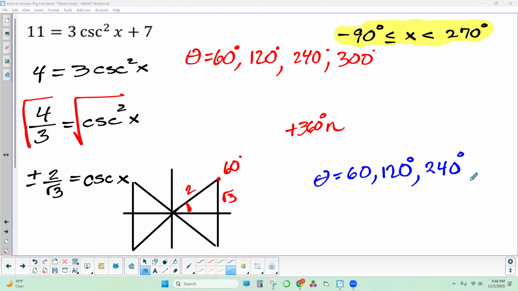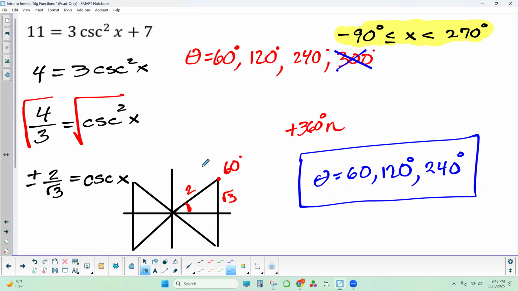Then we're going to look at 300, and 300 we're going to omit because it's greater than 270. So these are all of the angles where cosecant is plus or minus 2 over root 3 between negative 90 degrees and 270 degrees. Okay?